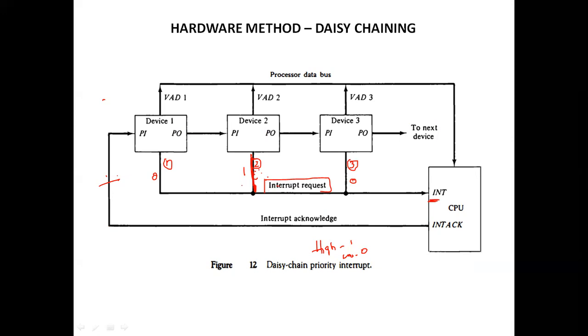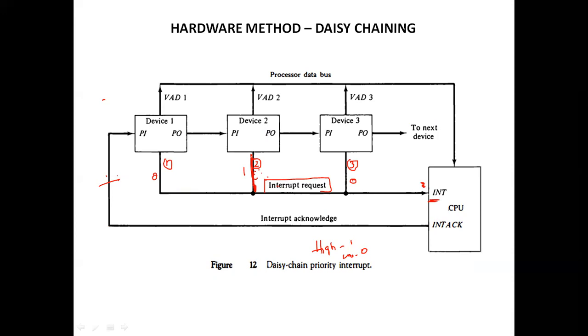Here this interrupt is going to be acknowledged by the CPU by sending this interrupt acknowledgement. Here it will say that the second device interrupted.